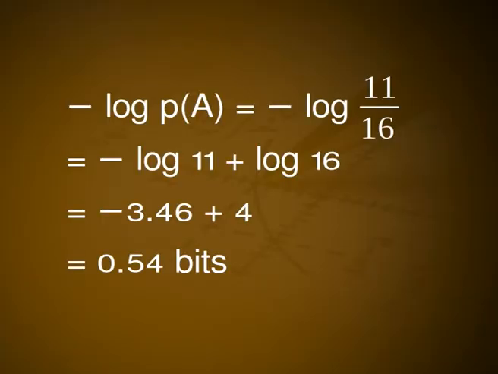The information needed to determine that an examination will be given is minus log P of A equals minus log 11 by 16 equals minus log 11 plus log 16 equals minus 3.46 plus 4 equals 0.54 bits.